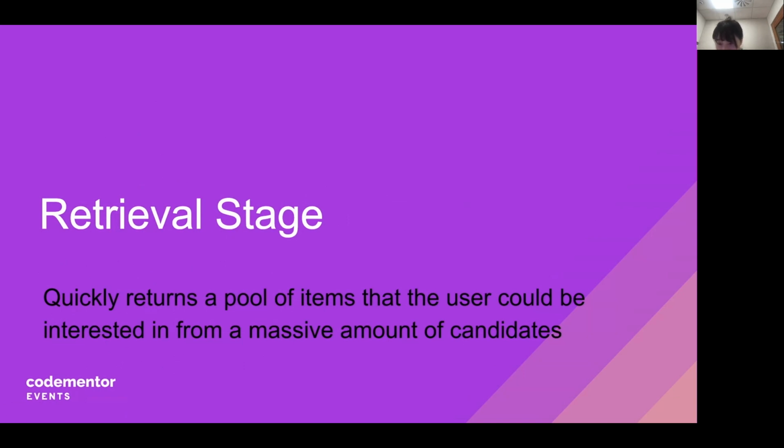In the retrieval stage, the system quickly returns a pool of items that the user could be interested in from a massive amount of candidates with the help of user side and item side features. Usually, simpler models are used in the retrieval stage for the sake of speed.